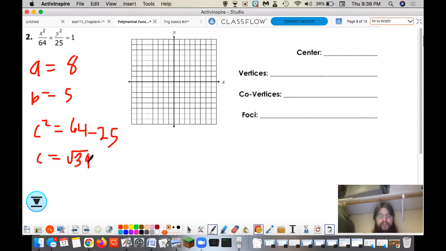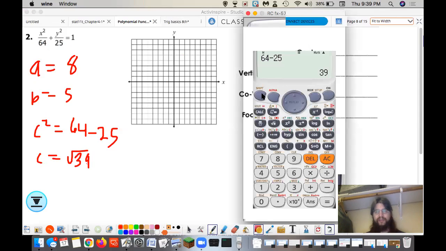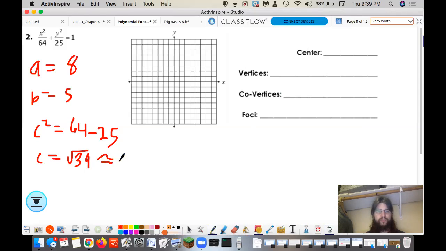Again, that's not very useful for us since we actually have to graph this thing. Square root of 39 is about 6.2. My center again is 0, 0, so that's nice. Makes everything much easier.